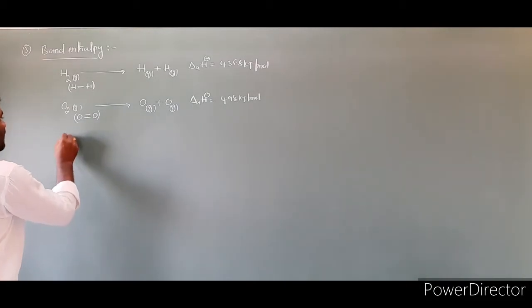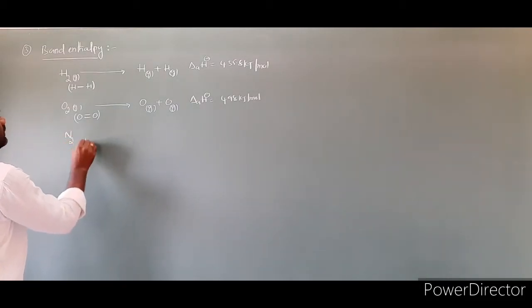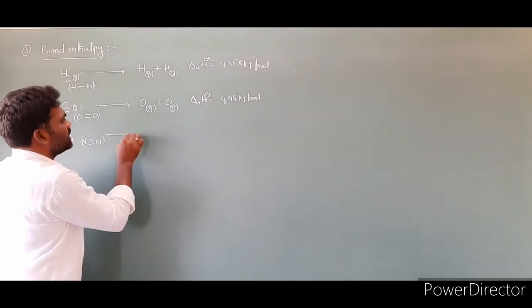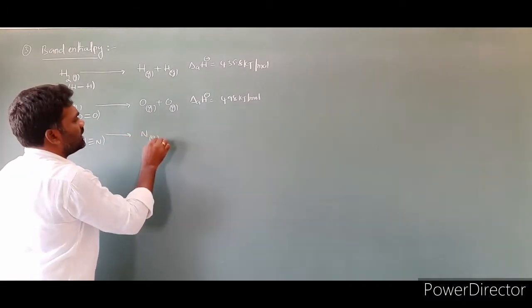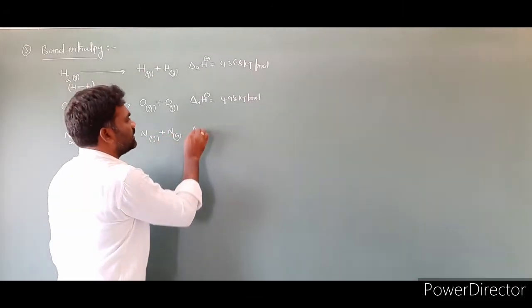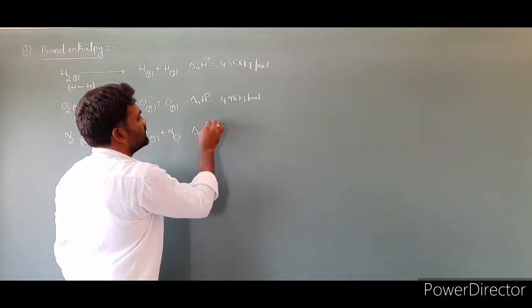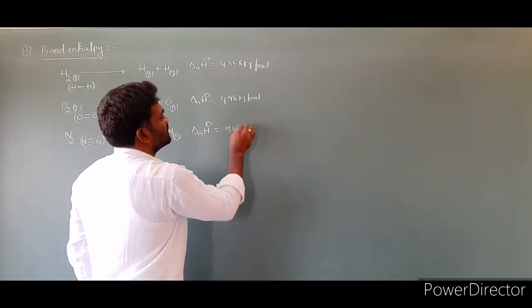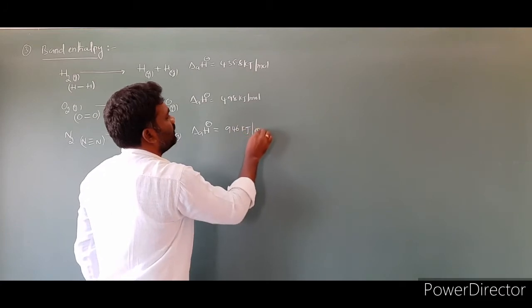Then I am taking N2 molecule, N triple bond N. Clear? It gives rise to one nitrogen atom in gaseous state and we get another nitrogen atom. The energy required to break this bond, the enthalpy of atomization in standard condition, is equal to 946 kilojoule per mole.